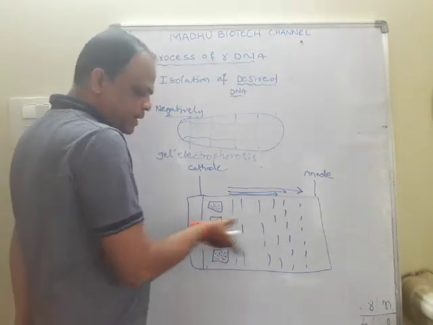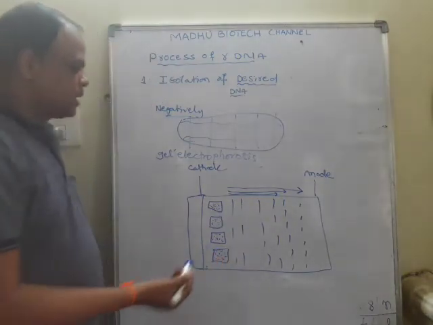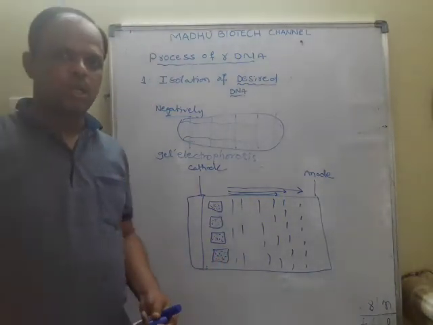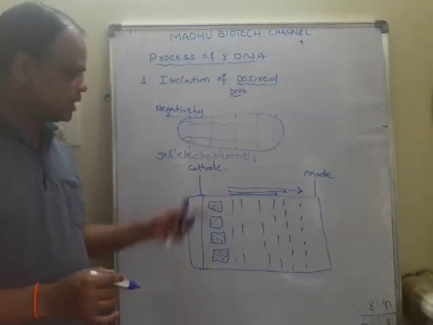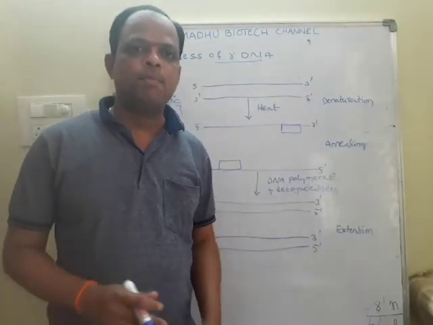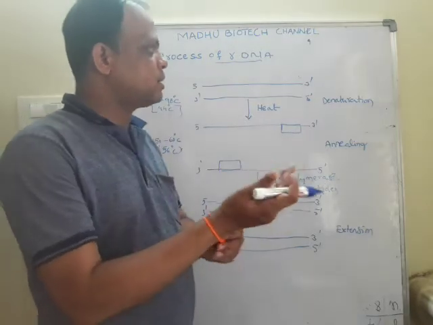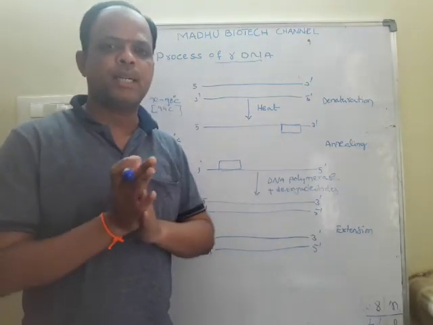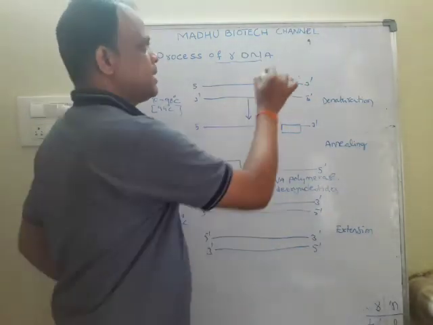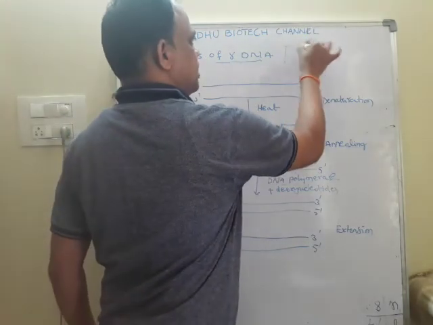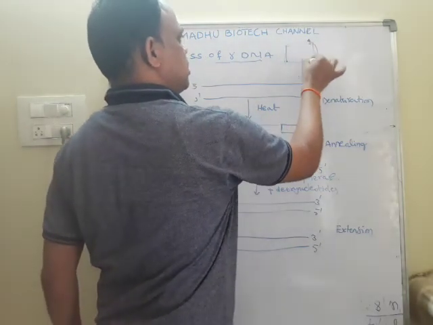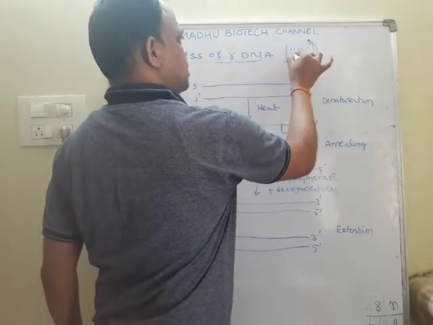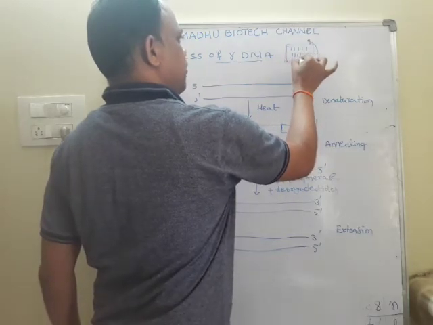So the purified DNA is moved to that place. This process is called gel electrophoresis. With the help of gel electrophoresis we isolate a pure form of the DNA. In the gel electrophoresis chamber the DNAs are all white, so they are not visible.